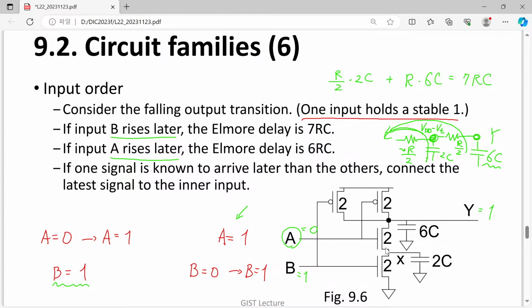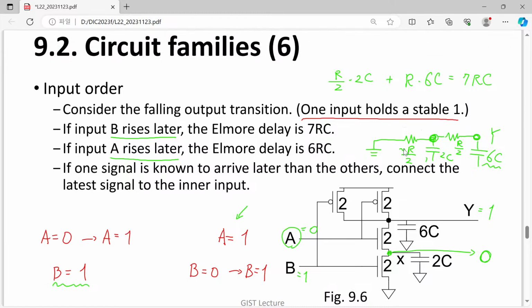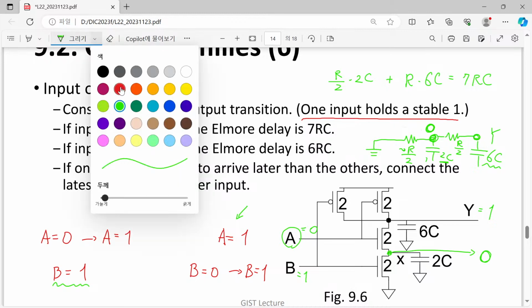So the value of our node here is really 0. It means that, okay, here we have ground. At this case, this node is already discharged as 0. So we don't have to consider the discharging time for this 2C because this 2C is already fully discharged.